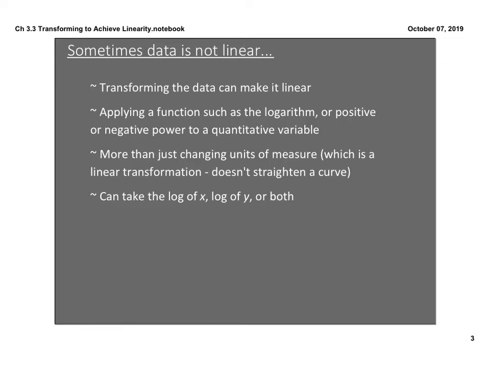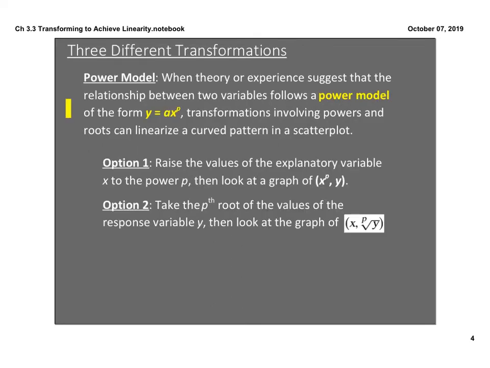This is going to actually change the shape of our data. And sometimes we can take our data from a curved relationship into a linear relationship, and then we can do a lot more analysis with that. So we're doing more than just changing units of measure, and we can take the log of x, the log of y, or both.